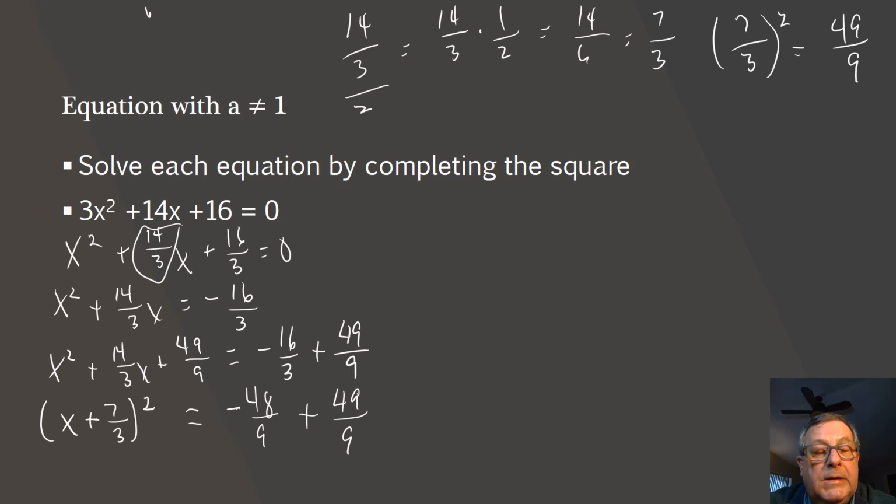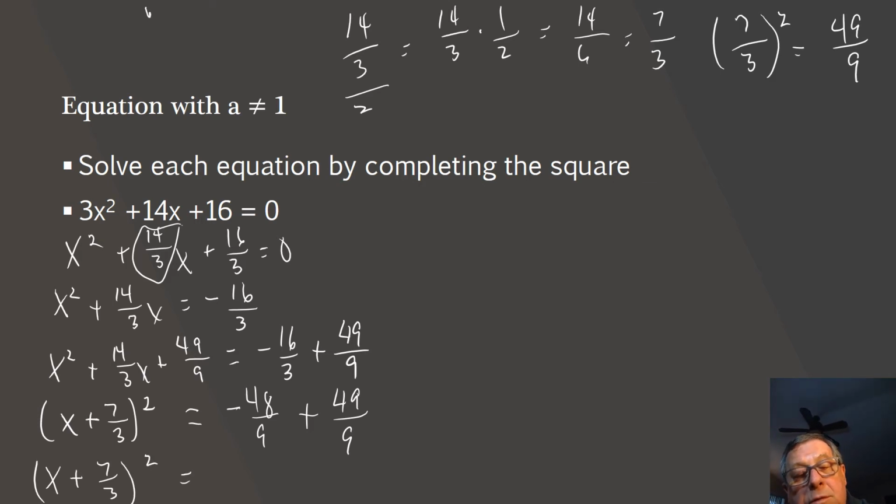So that's going to give us x plus 7/3 squared equals 1/9. And now we're going to take the square root of both sides.